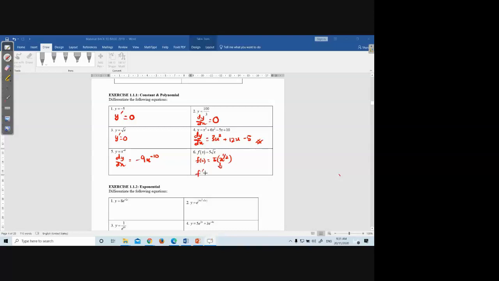So what is f prime x? 1 over 2 times x to the power of 1 over 2 minus 1, which is negative half. You can simplify this, so we have 1 over 2 x to the power of negative half, or you can rewrite this.